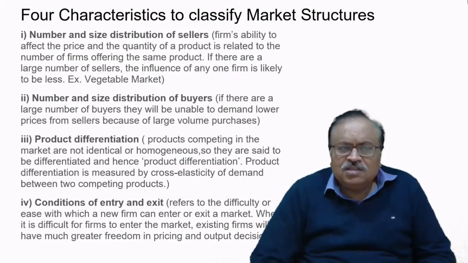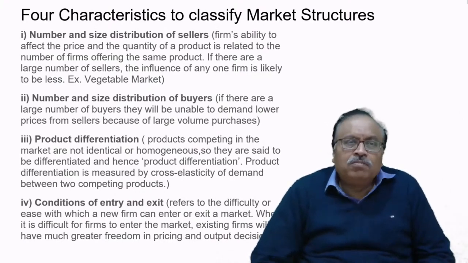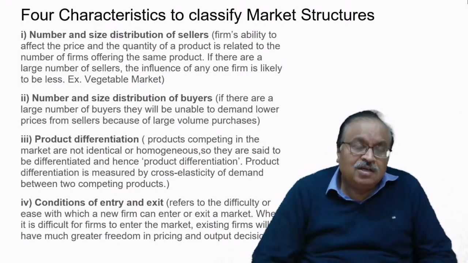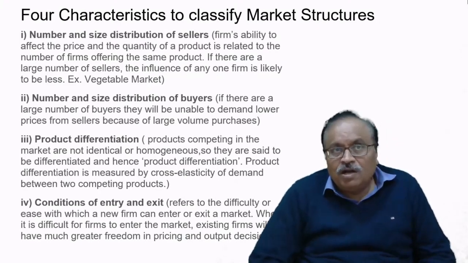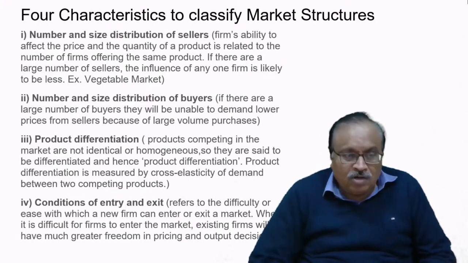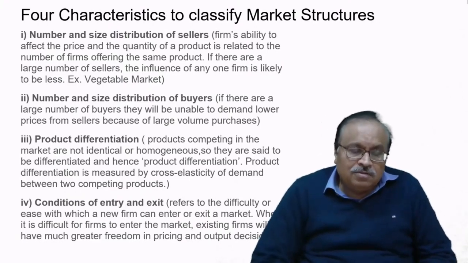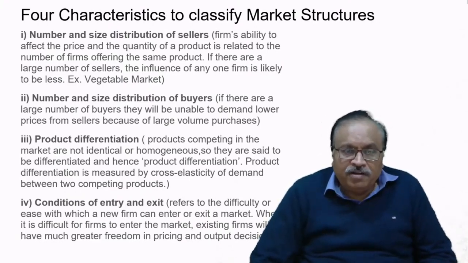Product differentiation is measured by the cross elasticity of demand between two competing products. We have already seen price elasticity of demand, and how the price of substitutes affects the demand for the original product. And the last one is conditions of entry and exit.